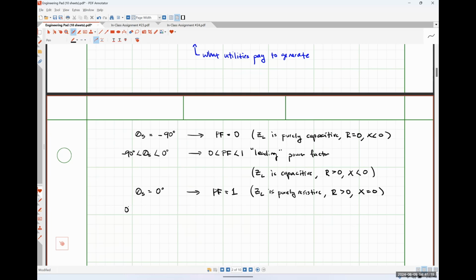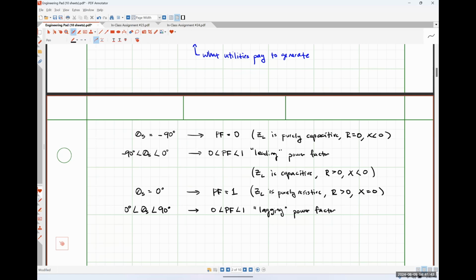When 0 degrees is less than theta s is less than positive 90 degrees, our power factor will be between 0 and 1 again, but this time we call it a lagging power factor.